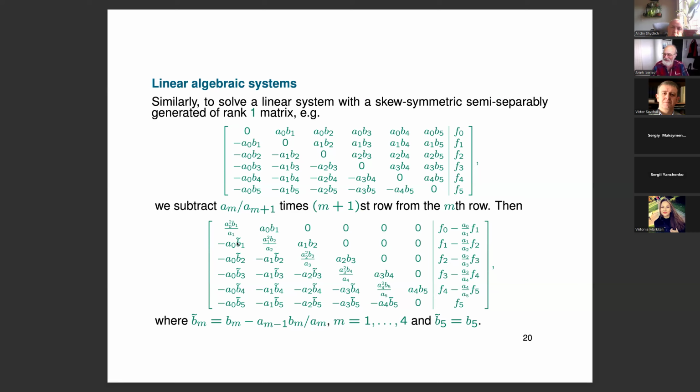So in order n operations, we reduce solving this linear system to solving a linear system with a tridiagonal matrix, which we can do easily in order n operations. And all this generalizes to semi-separable generated matrices of higher rank, and so on. So all this works.